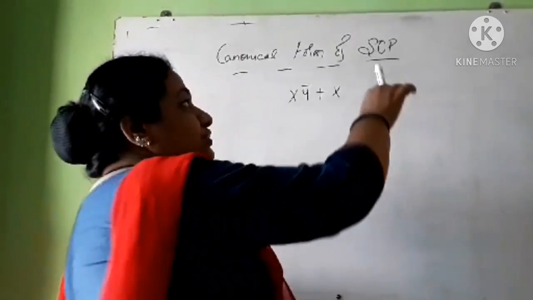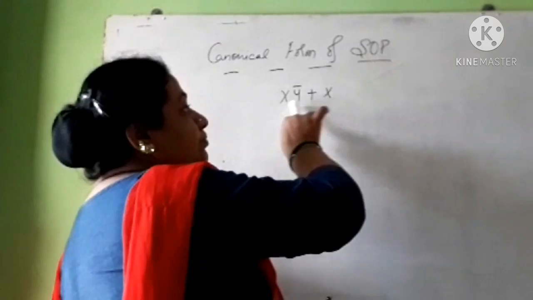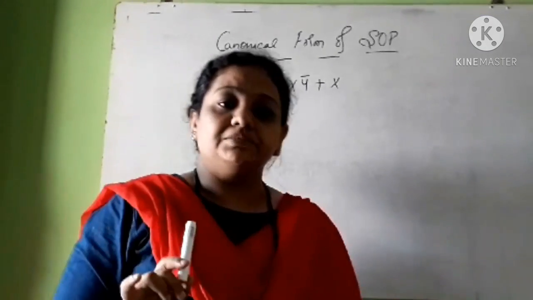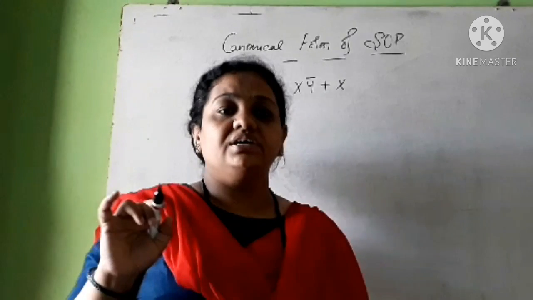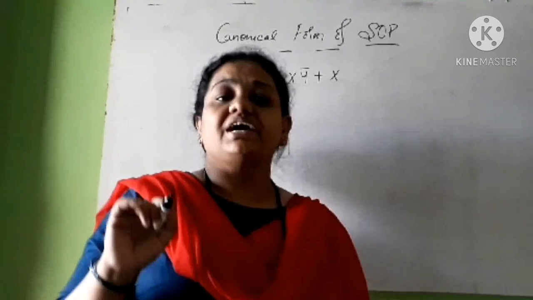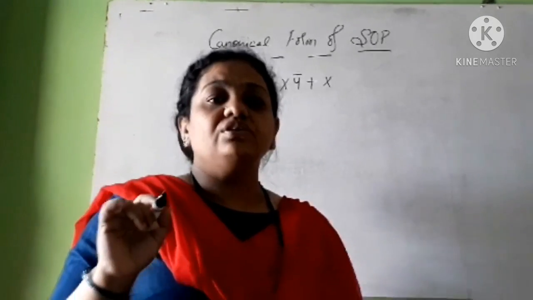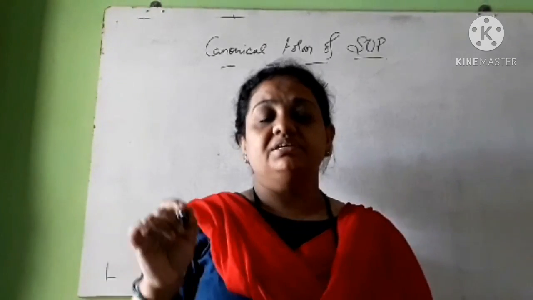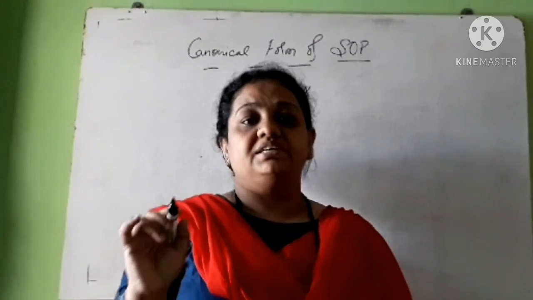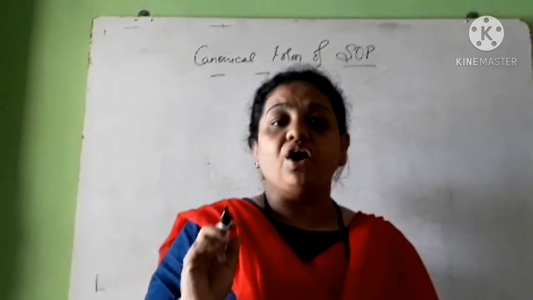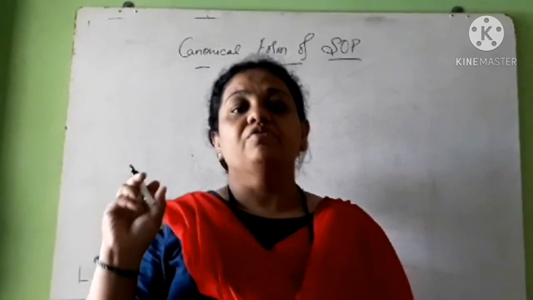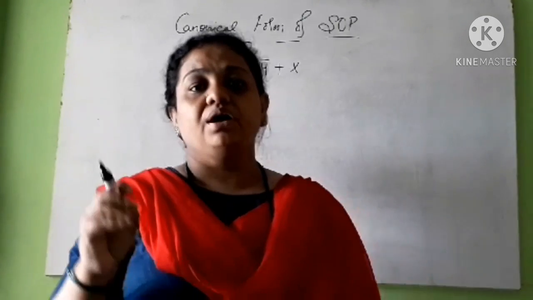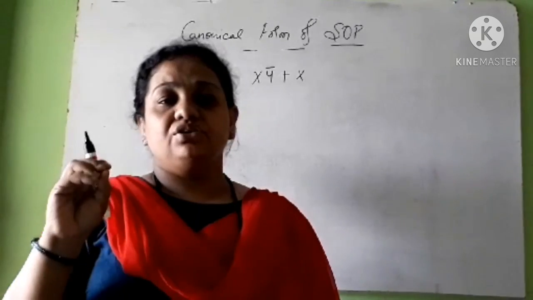This is a SOP expression, sum of products. But this expression is not in canonical form. Canonical form is when the expression is represented in pure SOP or minterms form. Pure means what? Pure representation of SOP.